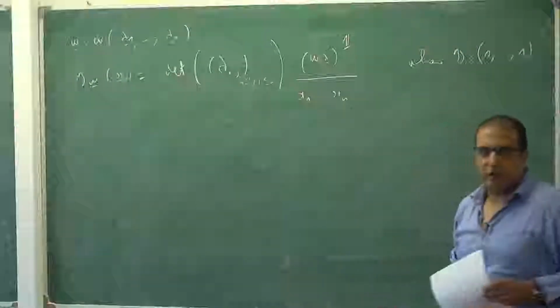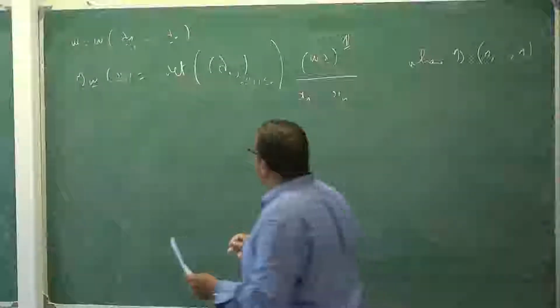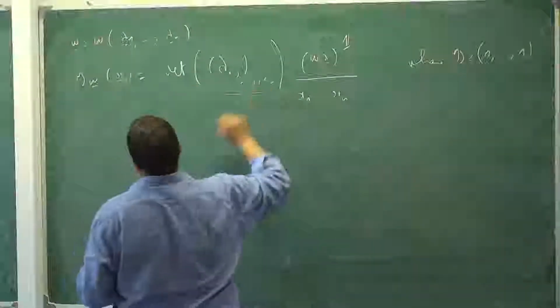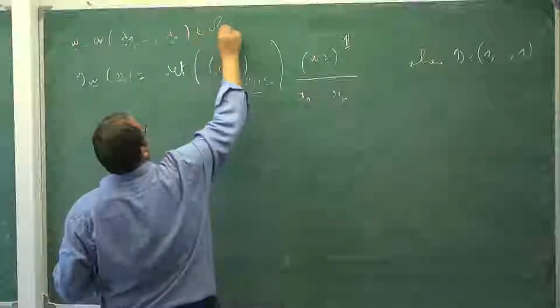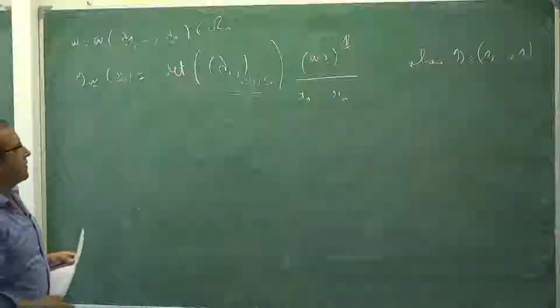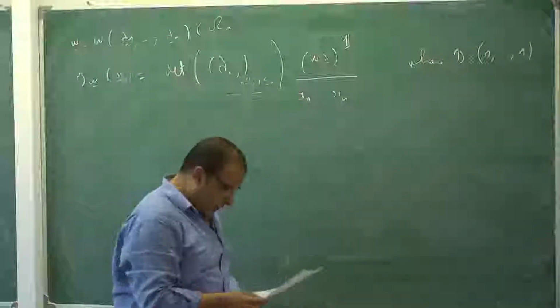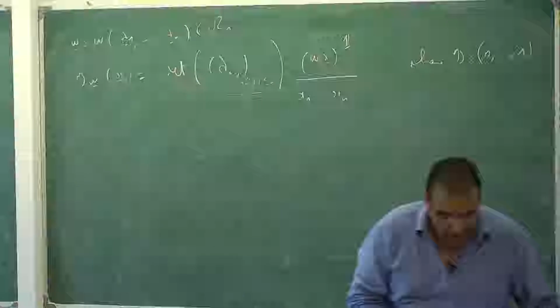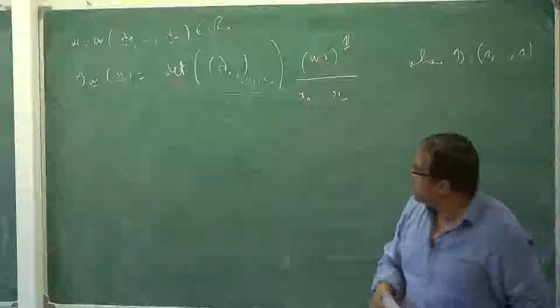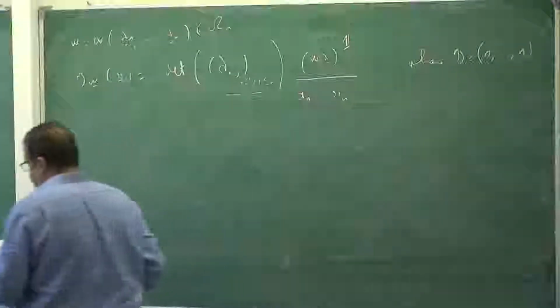So this is an integer, and this is a monomial. And we have also some other good properties.